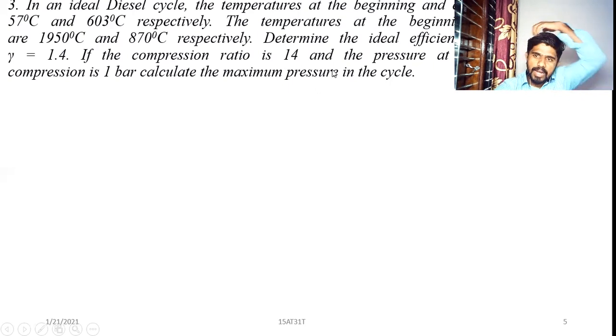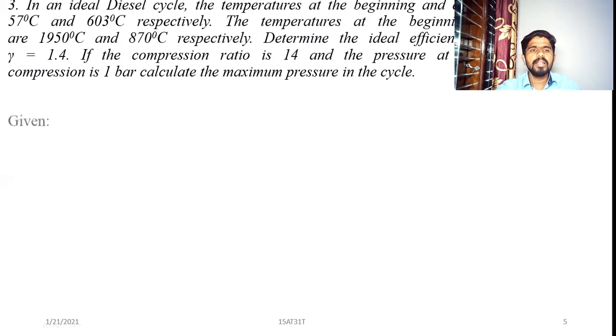And the pressure at the beginning of the compression is 1 bar. Calculate again the maximum pressure in the cycle. So the pressure in the beginning is 1 bar. What should you calculate? The maximum pressure in the cycle. Also determine the ideal efficiency of the cycle.